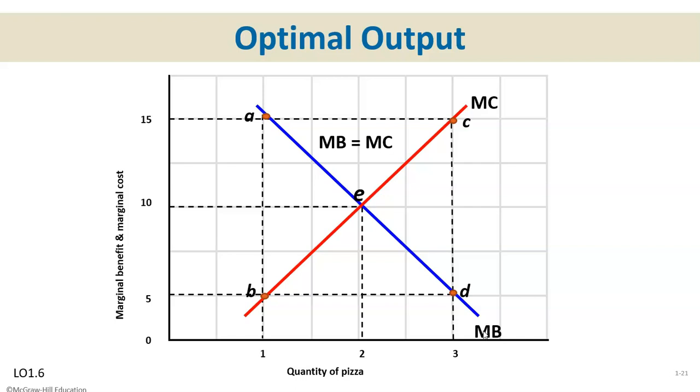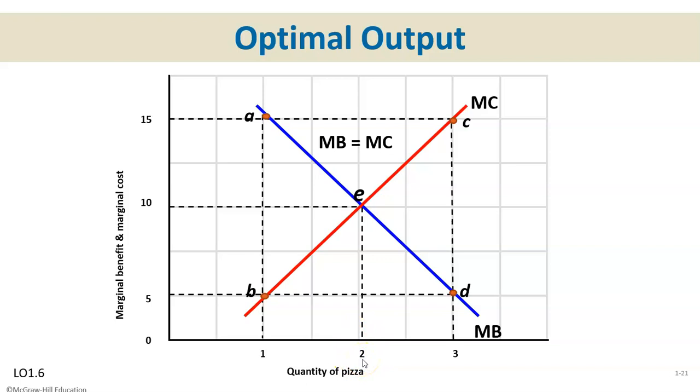So when we're weighing the marginal costs and marginal benefits, we always want to find where they're exactly equal to each other, and that's going to be the optimum. So when we're studying a graph like this and we're finding our optimum point where they're equal to each other, we can see that the best amount of pizza for society to make is 2.